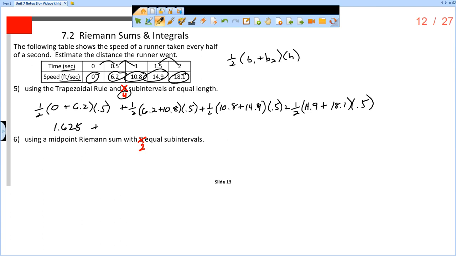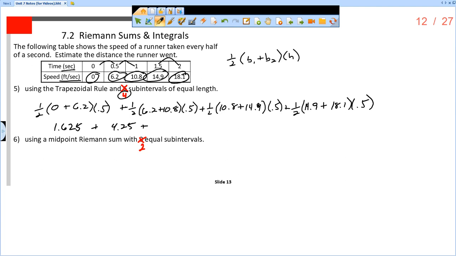Plus, now I have 0.5 times 6.2 plus 10.8, and then we're going to multiply that by 0.5 as well. So let me do this calculation. 6.2 plus 10.8, and then times an additional 0.5. That's going to get us 4.25.